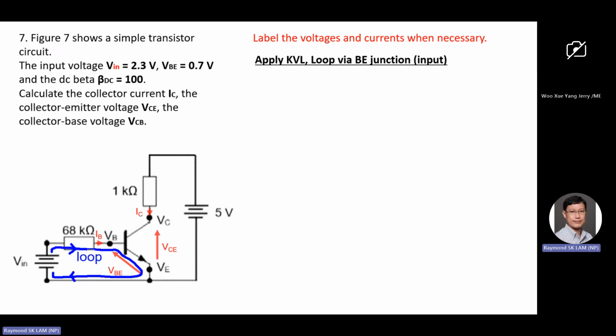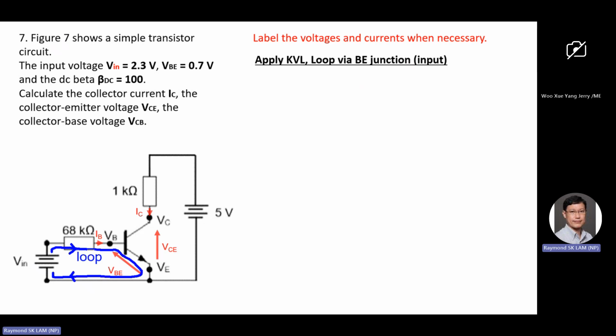Sometimes when I was a student, I would ask because normally when we do KVL, we don't have a three-terminal device. But as long as you apply KVL, it's okay. You look at the loop, it only has this voltage and this voltage. It doesn't touch through C, so you don't have to bother. This is still KVL. The only thing is it's more advanced because the transistor has three legs.